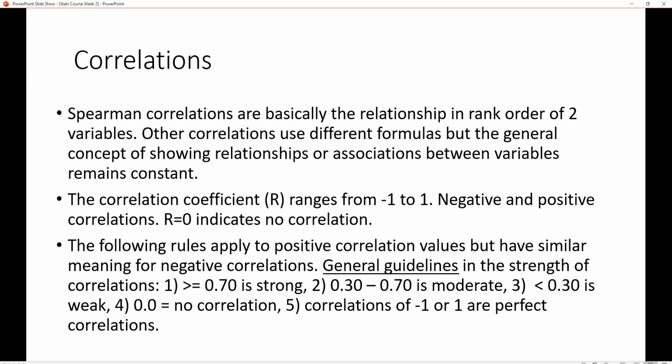The correlation coefficient R ranges from a value of -1 to a +1. Negative and positive correlations exist. A correlation coefficient of 0 indicates no correlation. We'll cover what negative and positive correlations are, but it's important to know that it ranges from -1 to a value of 1.